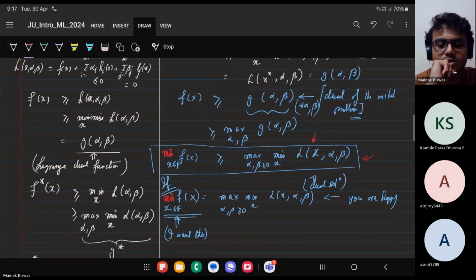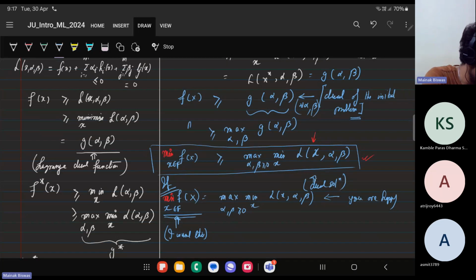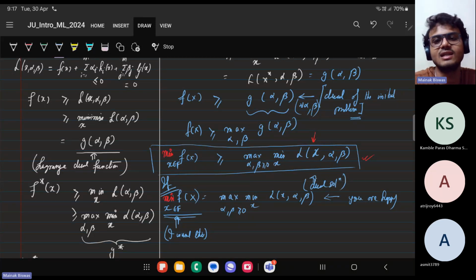Very good. So since in this equation there is no x and alpha and beta together, they are separated, so I can separately maximize and minimize the left and the right hand side. Yes or no? But here you see this minimization that you have in the interior is unconstrained.